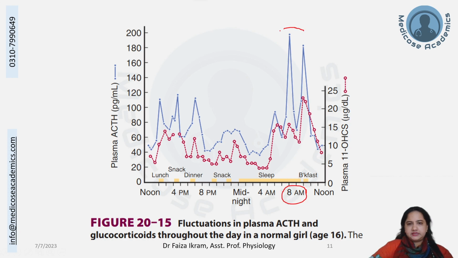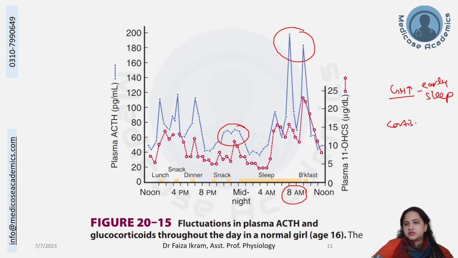You can see the peak, and midnight is the lowest value. For growth hormone, it was opposite. It was increased excessively in the early hours of deep sleep, whereas cortisol is maximum early in the morning and mostly just before you wake up.